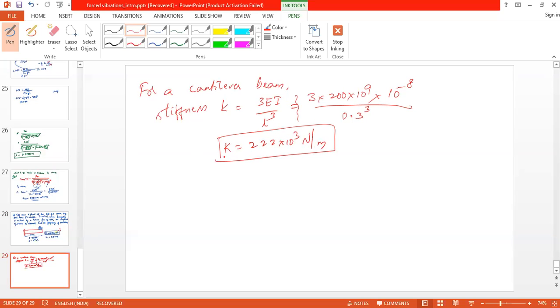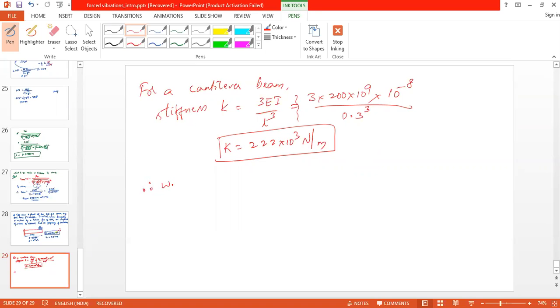Am I right? Yes, I calculated this, so this is correct: 222 into 10 power 3 Newton per meter.